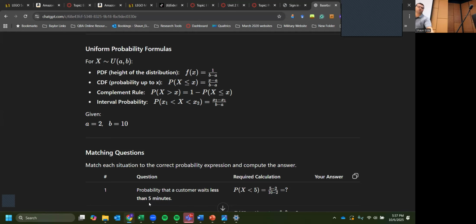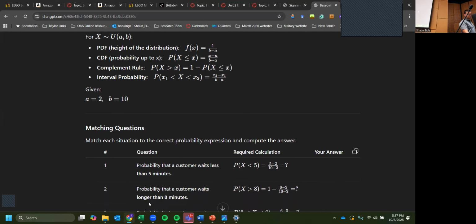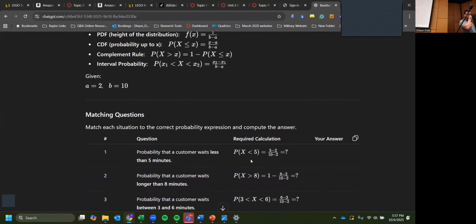Okay, so what's the probability that you will wait less than 5 minutes? What is it? 3/8? Yeah, so you have that smaller range, 5 minus 2, over the larger range, 10 minus 2, which gives you 3/8. Or 37.5%, is that right?